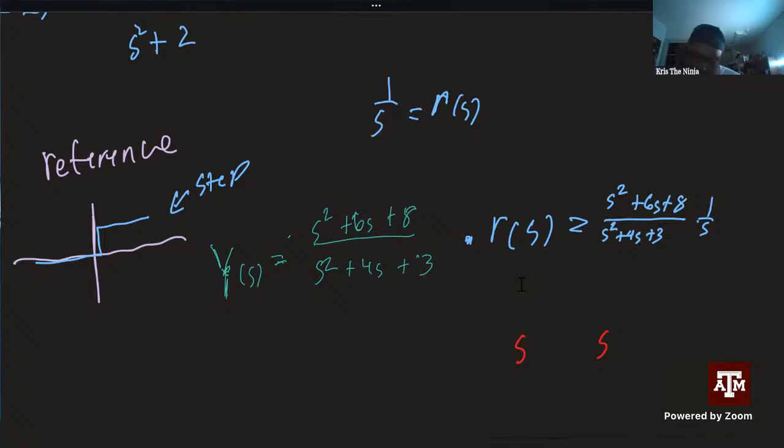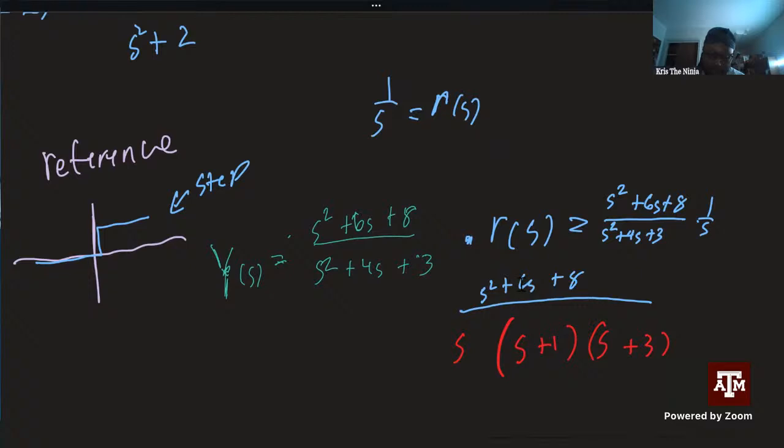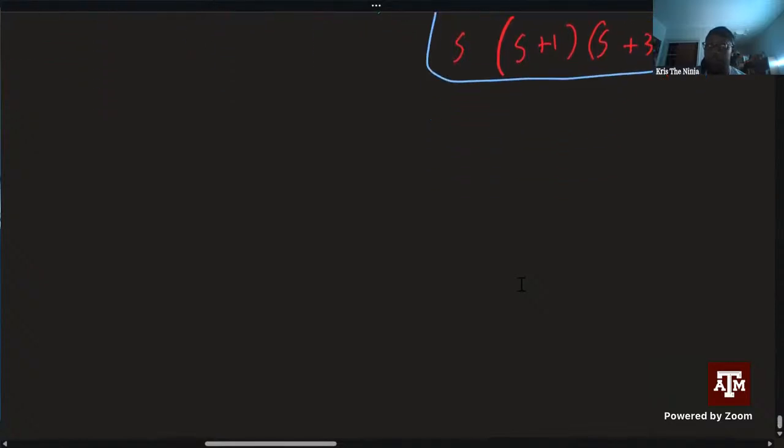There's only one way you can do that, and that's to have s plus 1 and s plus 3. Then we're also multiplying by an extra s over here, and the numerator will just be s squared plus 6s plus 8 still. We will not be using this right this millisecond, but this is important to keep in mind and hold on to for a little bit later.